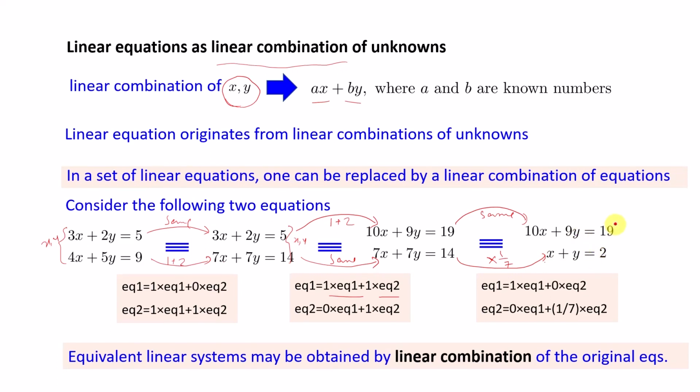Once again, the result of x and y from here will be the same as the result here, and here. So all these equations we call equivalent, because they will give us the same x and y. This kind of equivalent system we can generate by making linear combinations of the original equations. This is a very important idea and we will use it quite a bit.